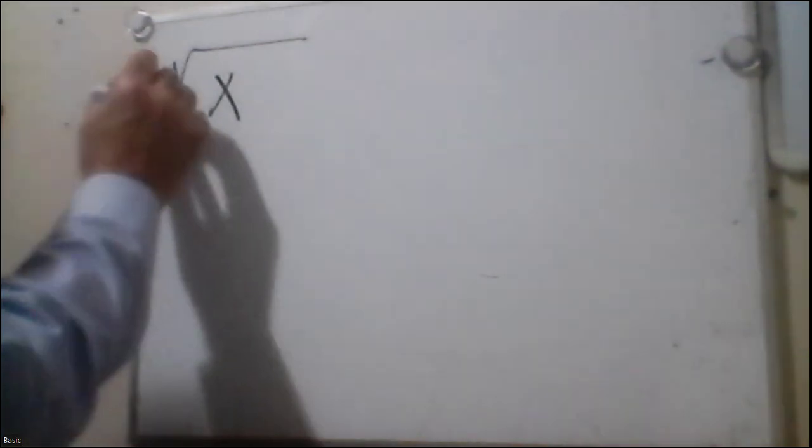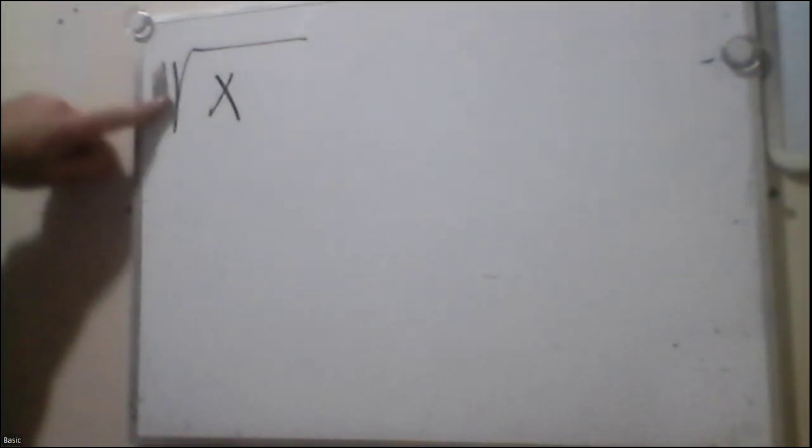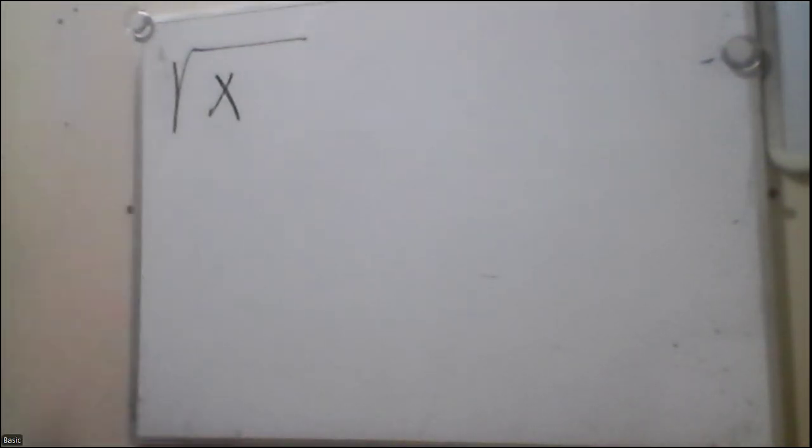One more rule I just want to say. The power of x. Here there is a 2, but we don't write the 2. The root squared. Square means 2. So here is 1.